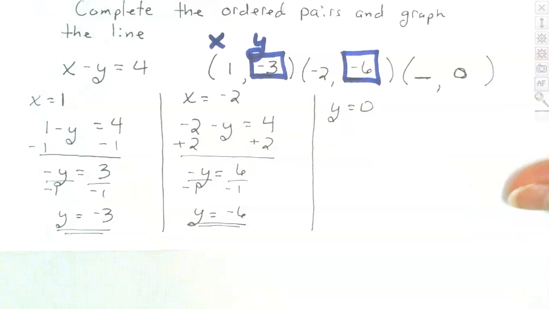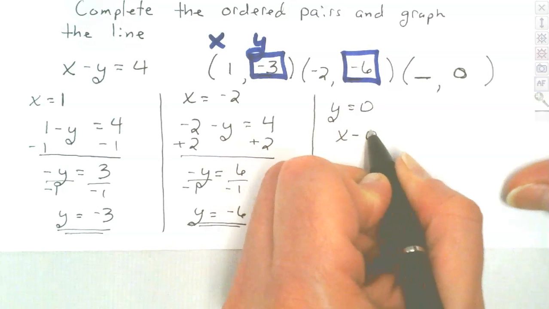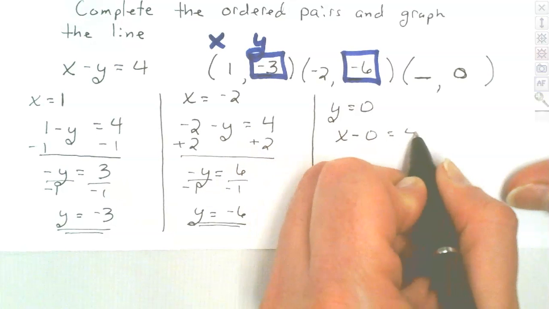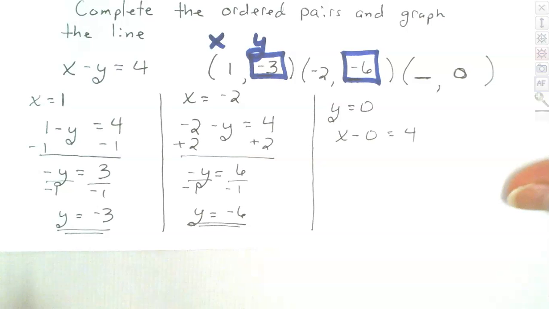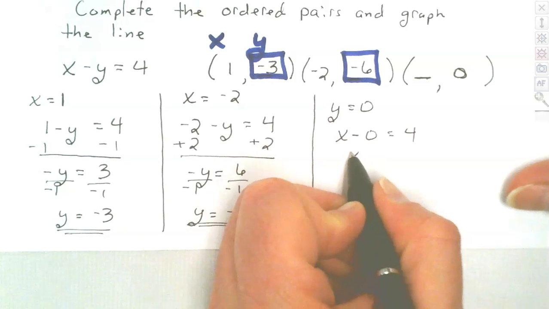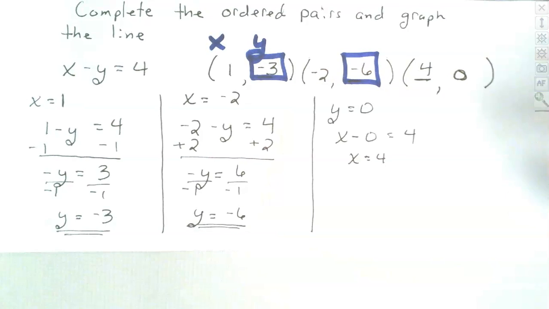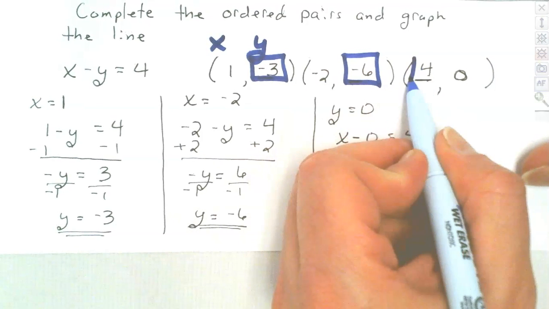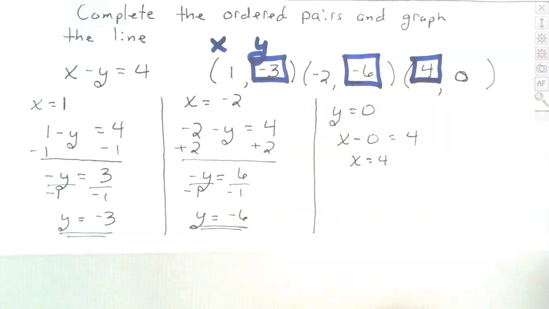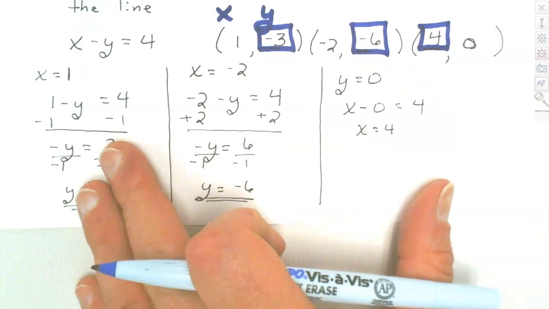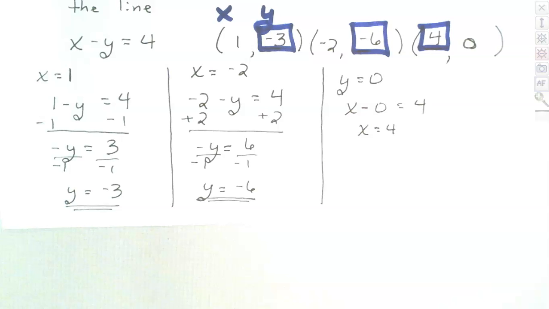So what are we going to do? We're going to plug in that 0. That 0 cancels out, so we're left with x equaling 4. Now we have our 3 ordered pairs. We're going to plot our ordered pairs and then graph them with a line.